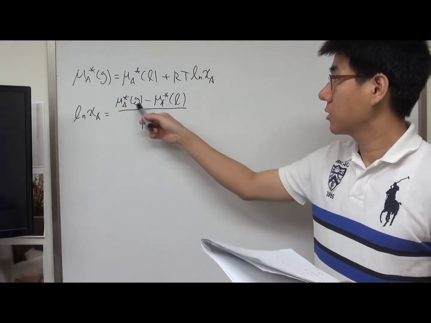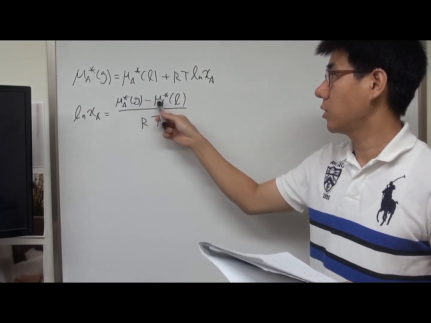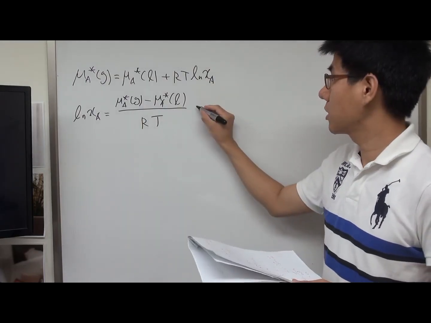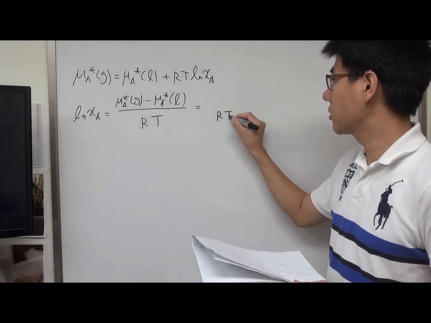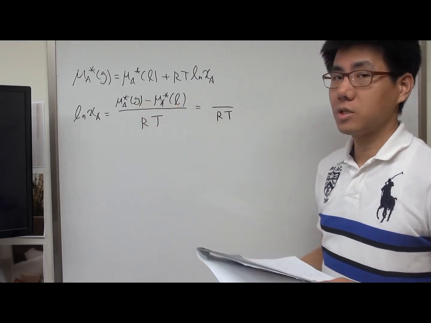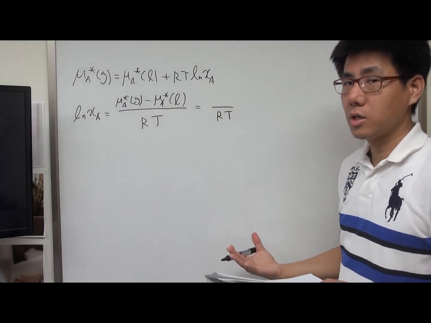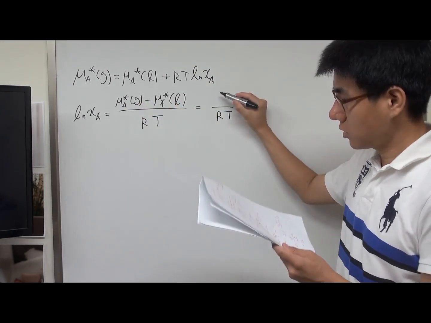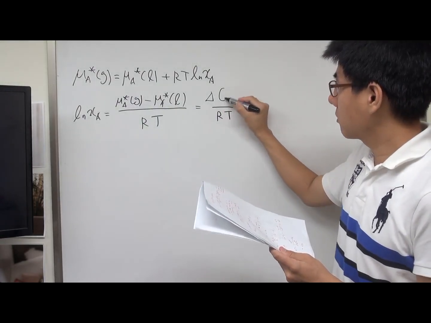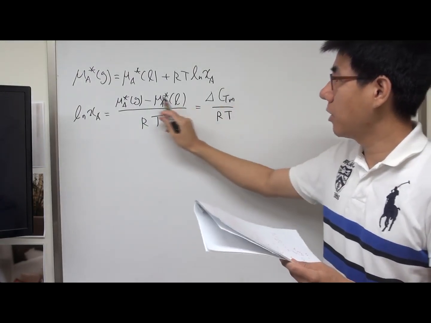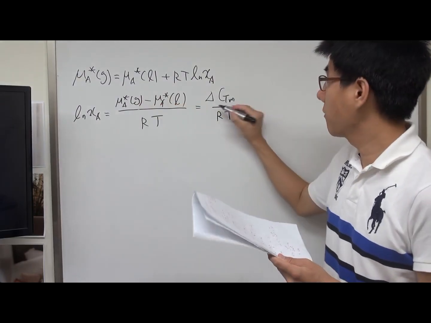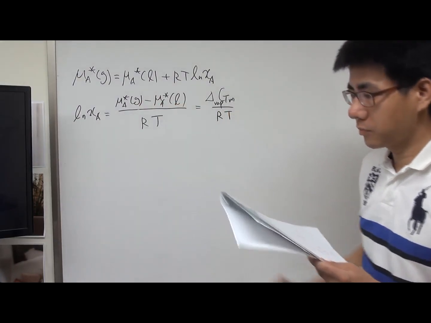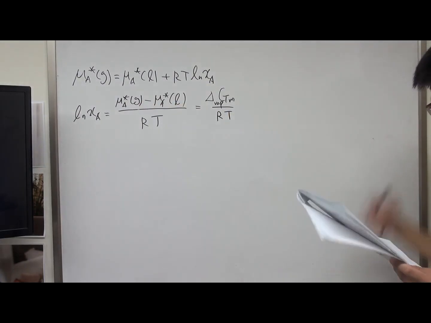Basically, a difference of molar Gibbs energy, right? Because chemical potential is the same as molar Gibbs energy for a pure substance. So this is basically molar Gibbs energy change upon liquid to gas vaporization. Okay?